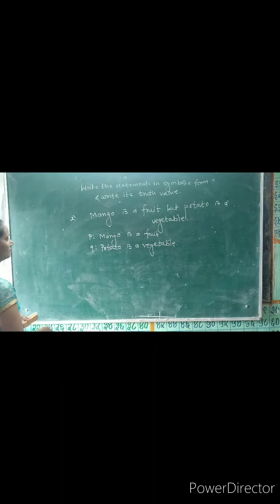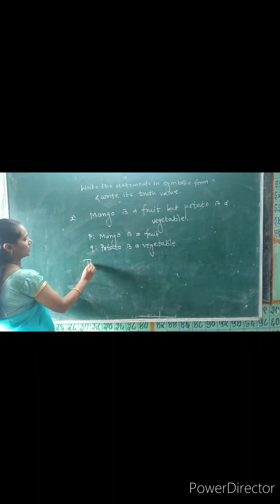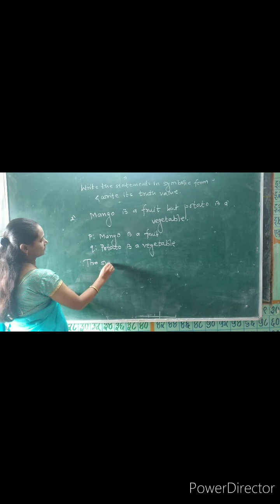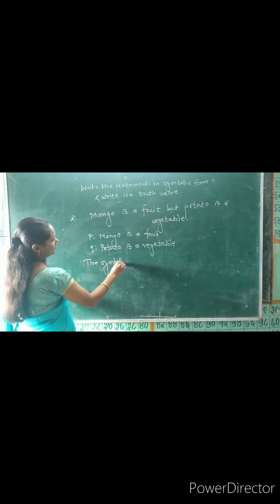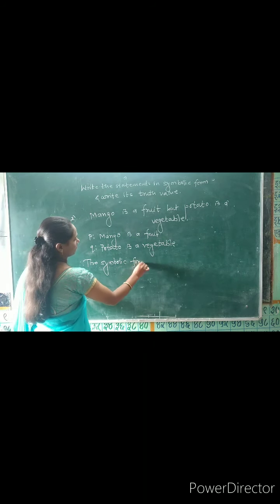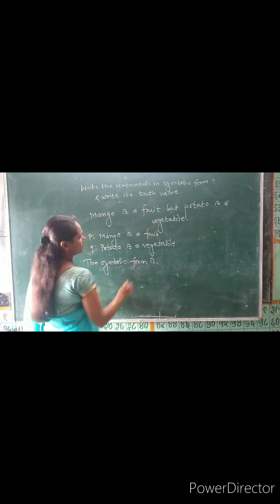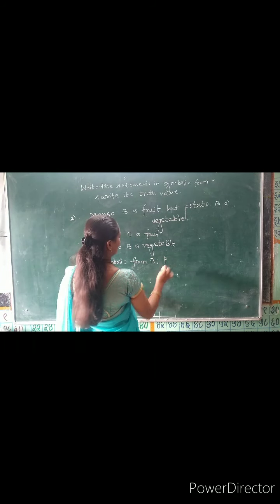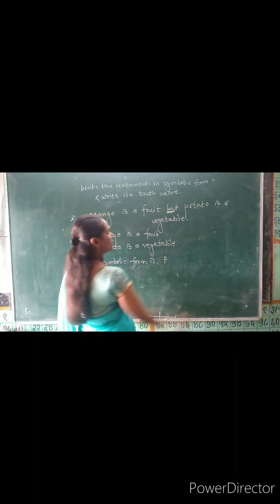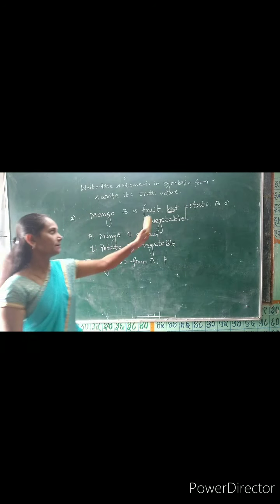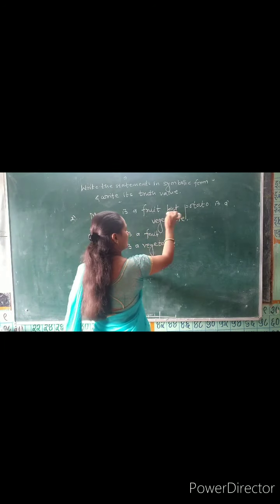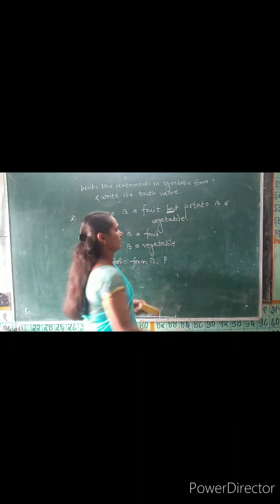Therefore, the symbolic form is P and Q. These statements are joined by using the connective but; this word is used instead of the connective and.